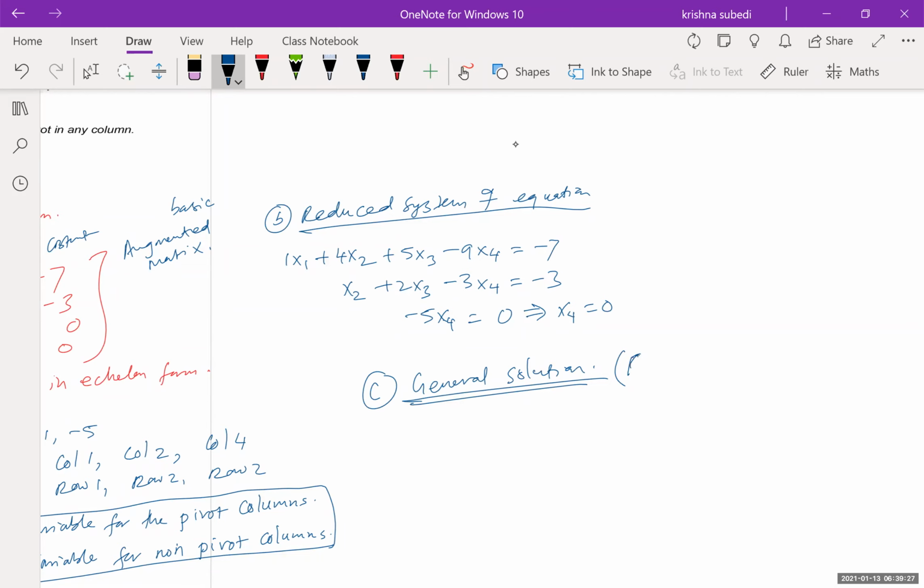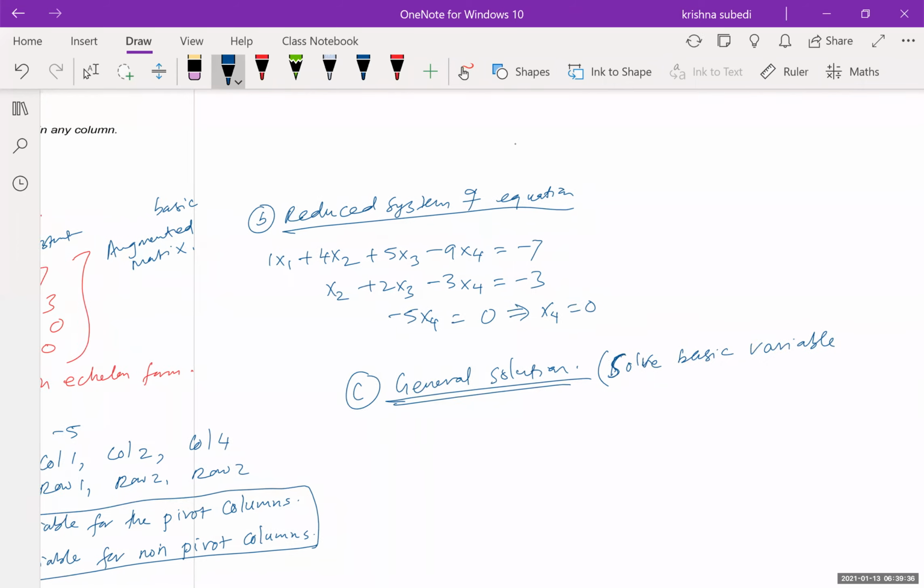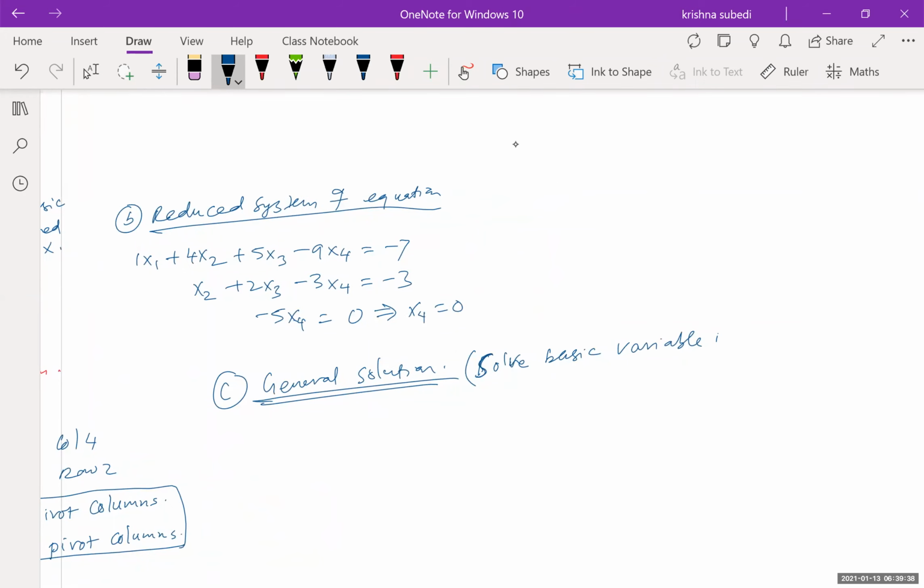So here it means solve the basic variables in terms of the free variables. That's what it means.